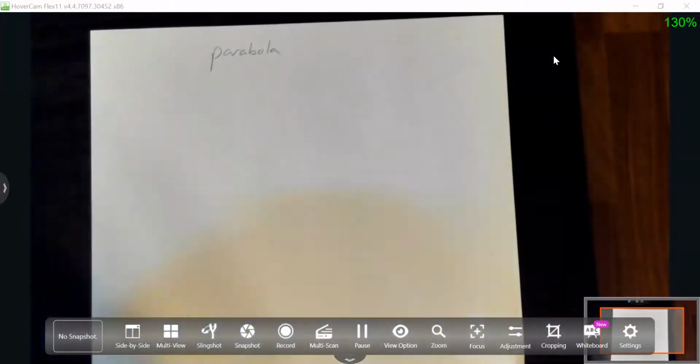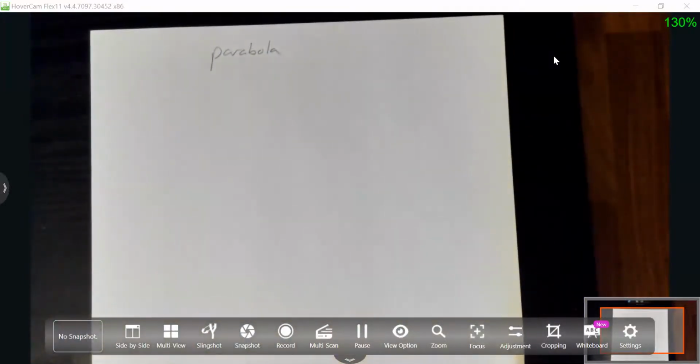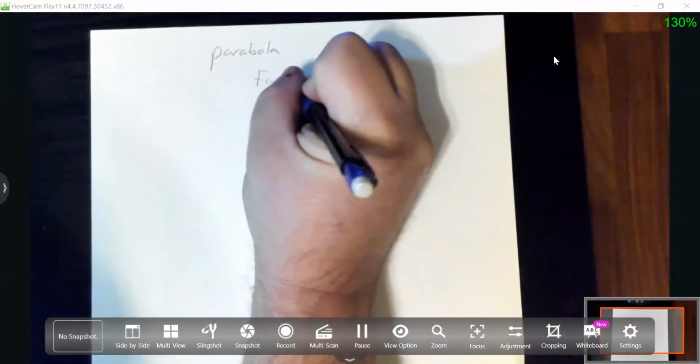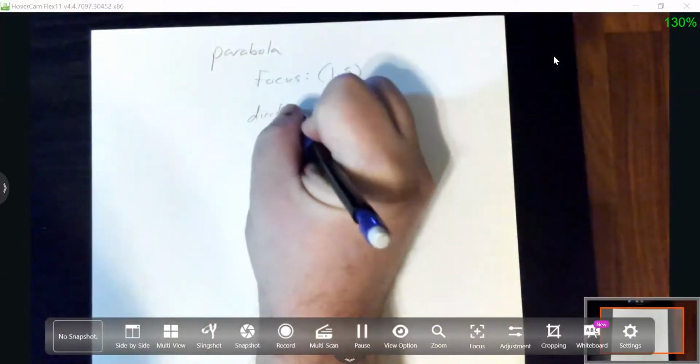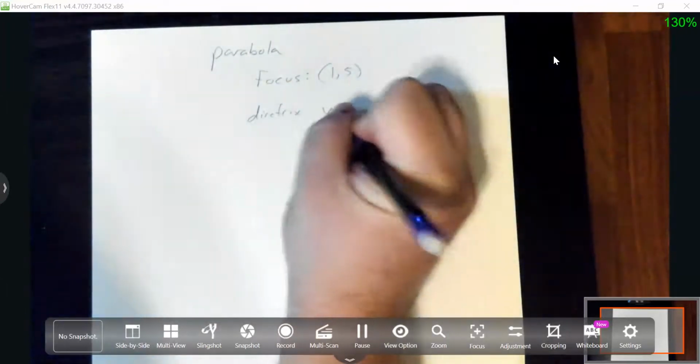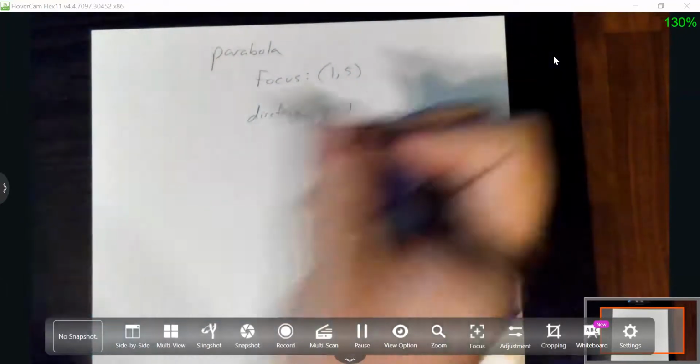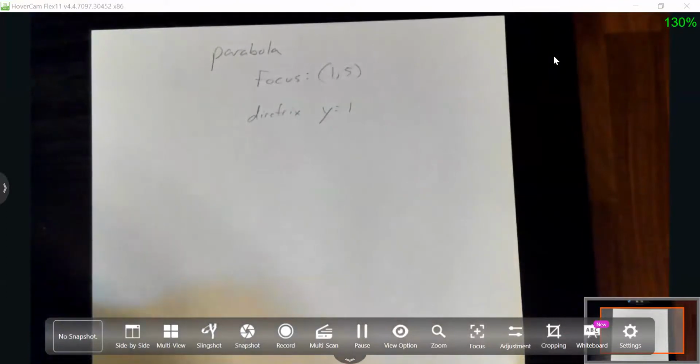We want to find the equation of a parabola that has, let's not get the vertex this time, a focus at 1, 5, and we know the directrix is y equals 1. That doesn't seem like a lot of information, but this is still sufficient.